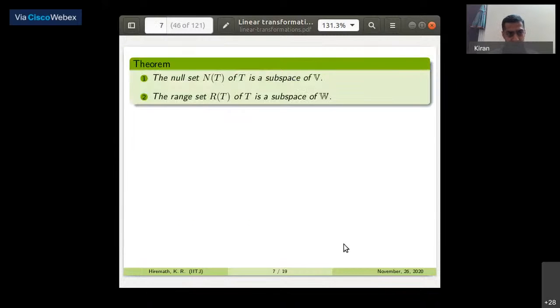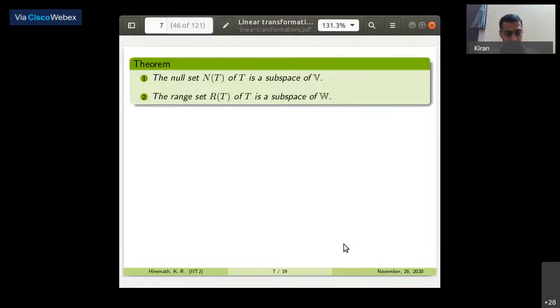And from here, we go one step further and ask the question: are these just sets, or do they also have some algebraic structure with them? And the answer to that question is yes, they are not just sets, but they also inherit the algebraic structure of their mother spaces.